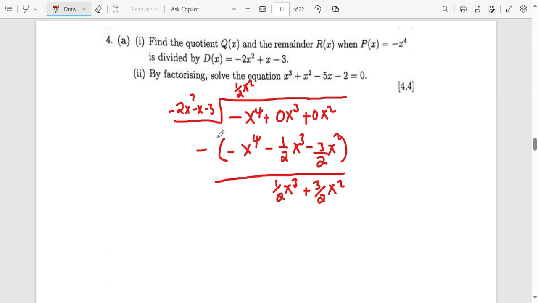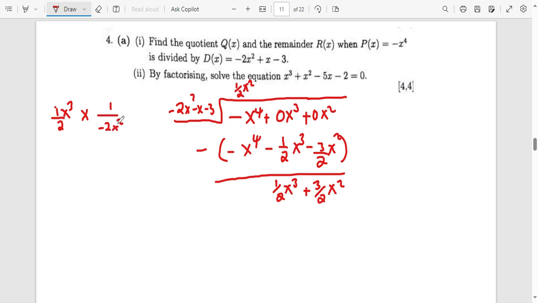At this point, get the negative 2x squared again and take it into the term with the highest power here. So negative 2x squared into 1 over 2x to the power 3. What we are doing is 1 over 2 x to the power 3 divided by negative 2x squared, which is the same as multiplied by 1 over negative 2x squared.